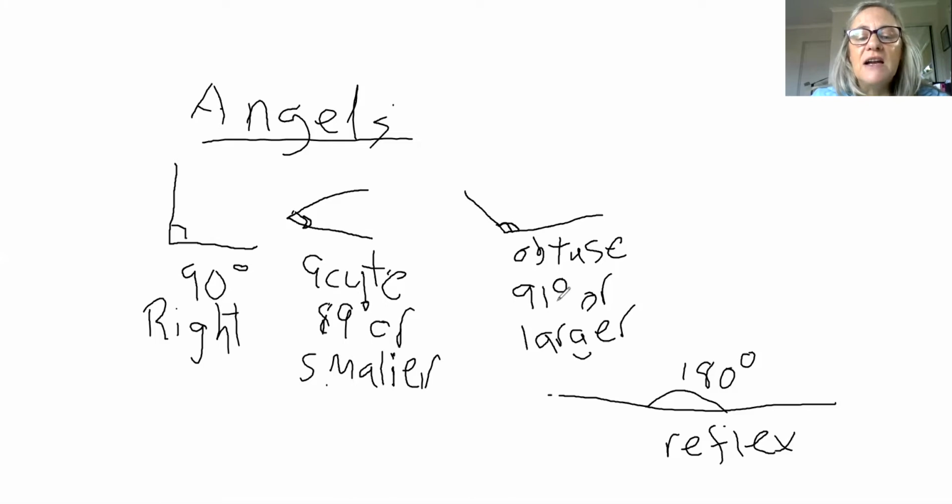It's 91 degrees or larger, right? 91 degrees, even though it's only 1 degree larger than a right angle, it's still called an obtuse, okay? And then we have a reflex angle, which is just like a straight line with the little thing in the middle, and that's 180 degrees. That's called a reflex angle, okay? They're the four main angles.